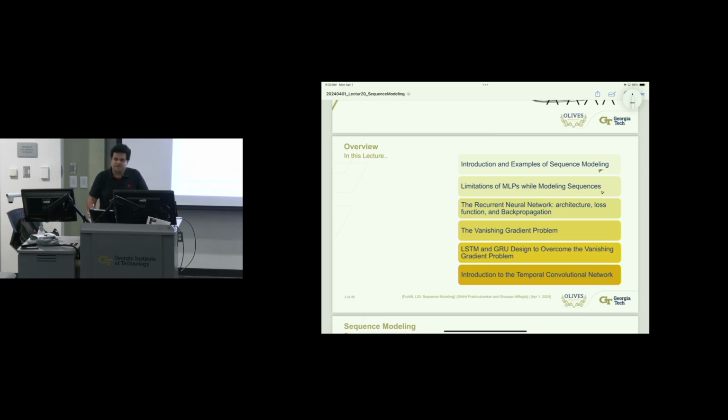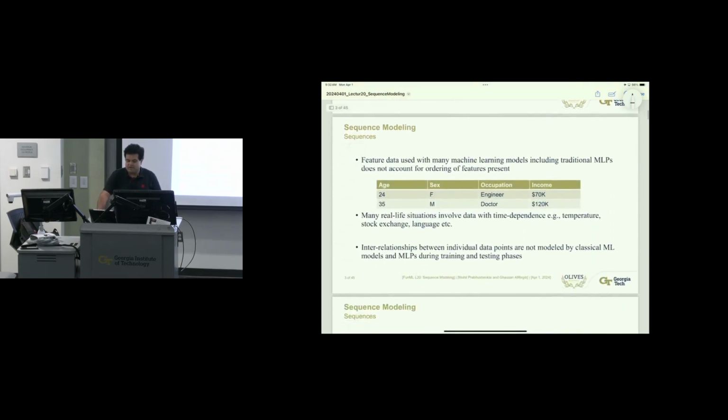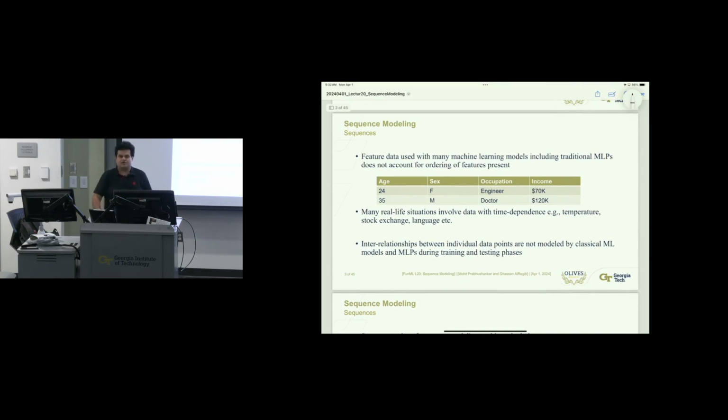So we'll go through some limitations of it, followed by recurrent neural networks, and some variants of recurrent neural networks, which are the LSTMs and GRU units, followed finally by the temporal convolutional network. On Wednesday, we'll go through a different kind of model called transformer, but also very similar to what we are going to be discussing today.